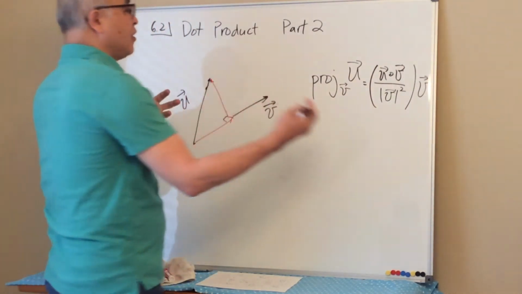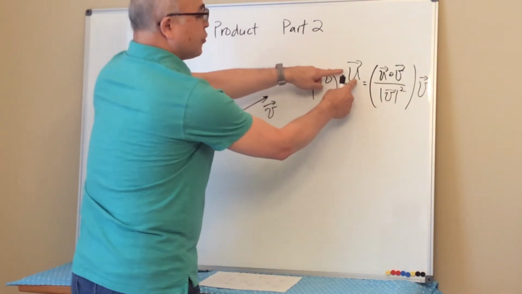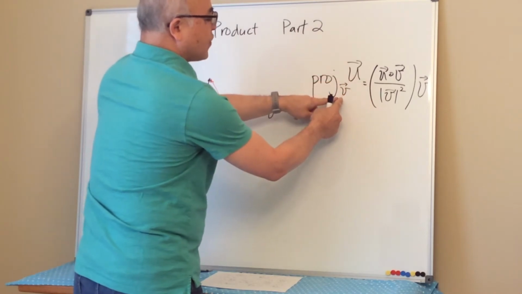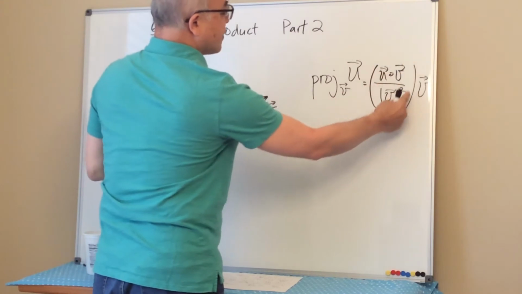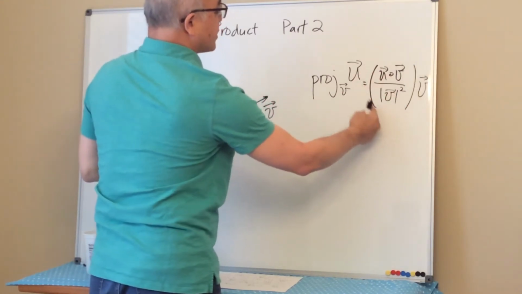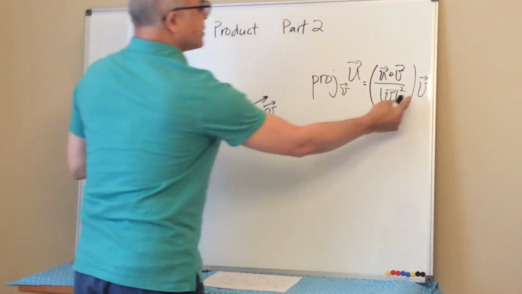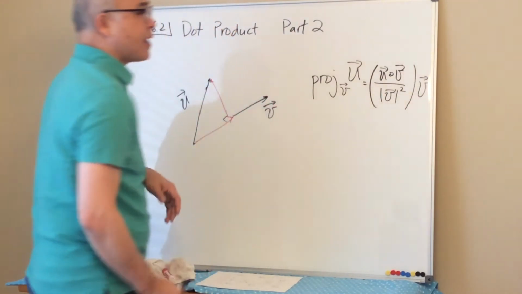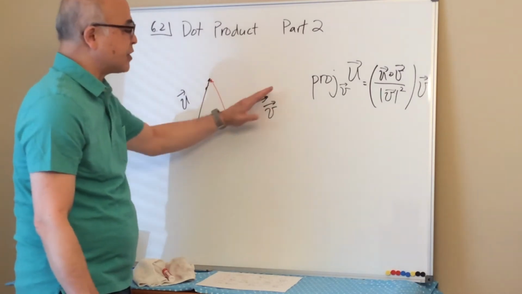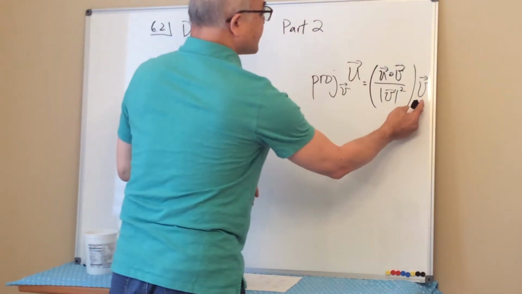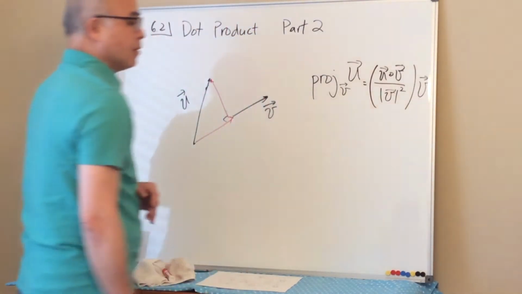So, first of all, this is projection of u onto v. So, if you look at the equation, this guy here is a constant or a scalar. It is not a vector. This is the guy that's the vector right here, which makes sense because you're going to be going in the same direction as v, so it would make sense that v would be here.